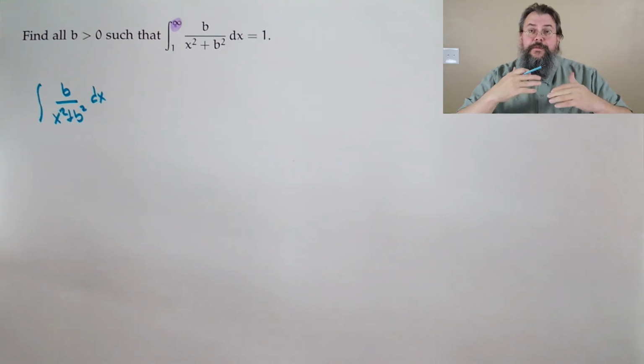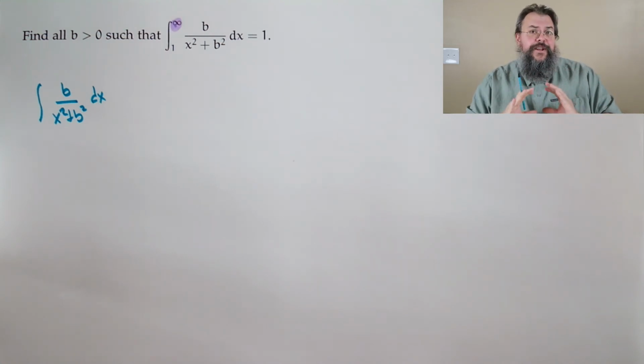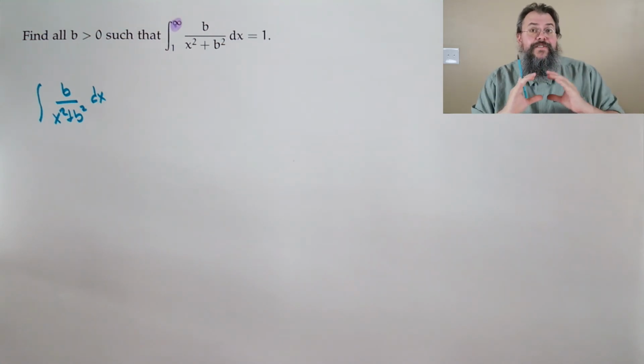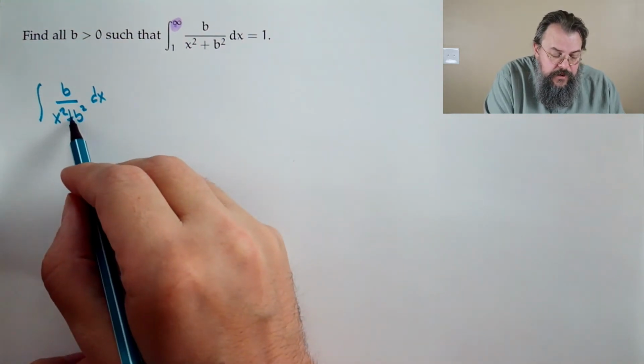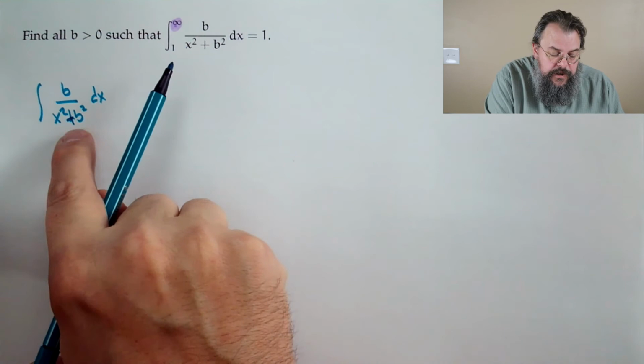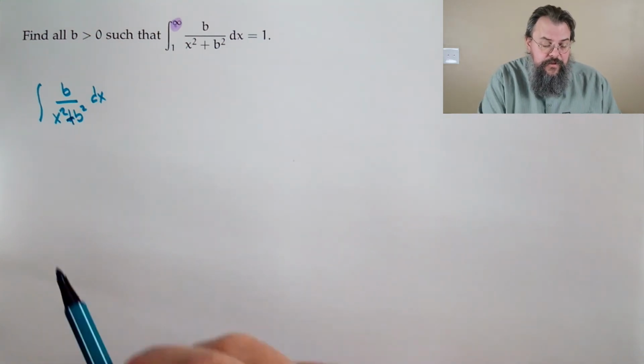So we can approach it in a similar vein. Even though it doesn't look like a trig substitution problem, we can still use trig substitution here. Trig substitution really is a great way to deal with plus signs. At its core, that's the goal of trig substitution: how can I deal with plus signs?